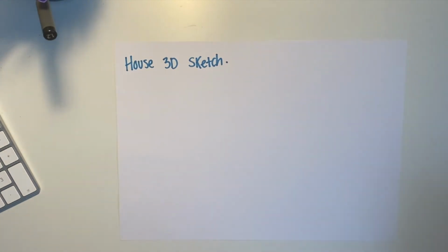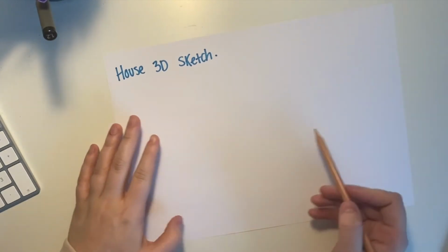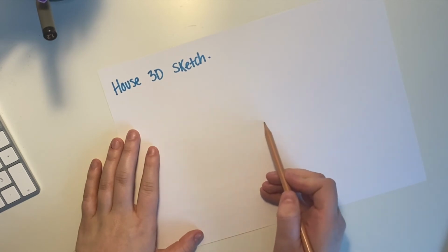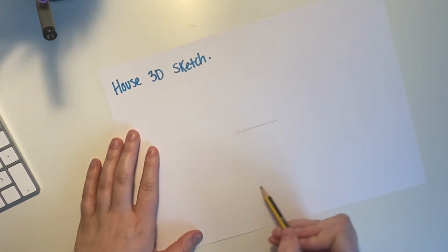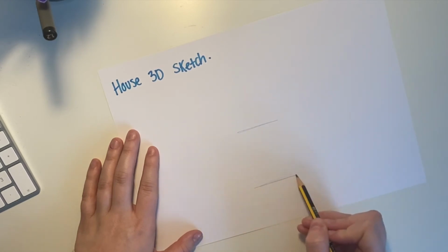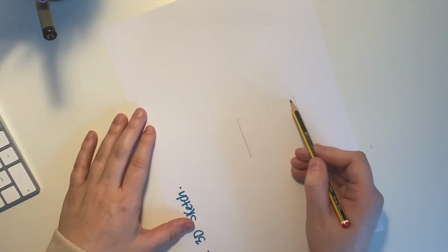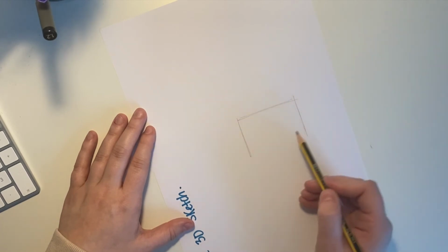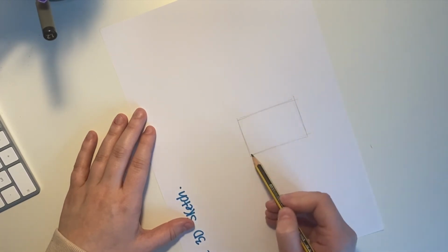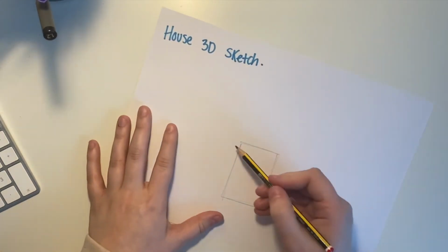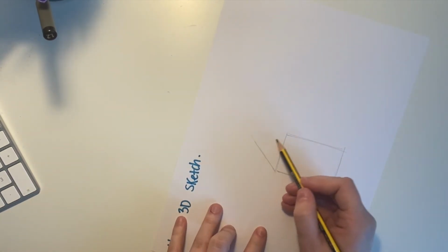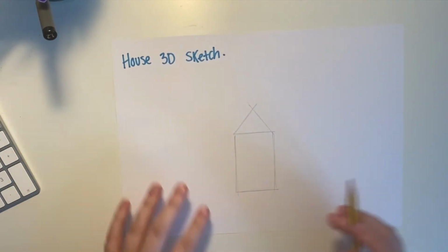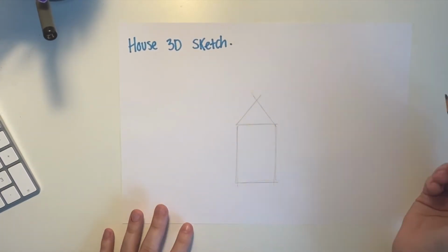So I'm going to start with my rectangle and my triangle. So we'll draw them both together. Then I'll draw my triangle up. Okay, so you've got your rectangle and then your triangle.